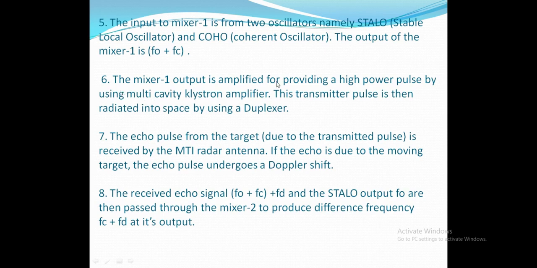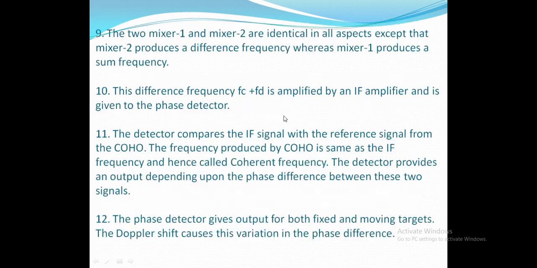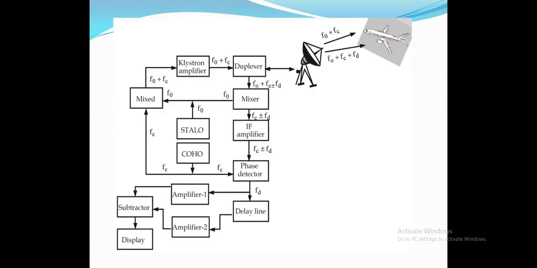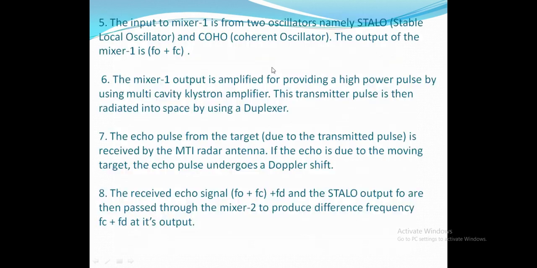So the mixer 1 output is amplified to provide a high power pulse by using a multi-cavity Klystron amplifier. This transmitter pulse is then radiated into space by using this duplexer circuit. Yes, so the echo signal from the target is received by the MTI radar antenna.